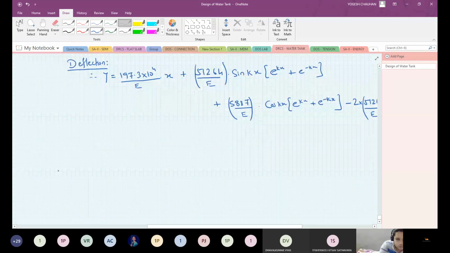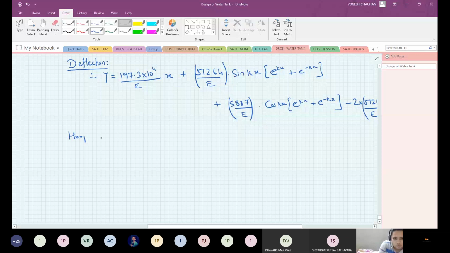So the hoop tension is given by PR, the radial pressure, is equals to 4 TE divided by d square into y.